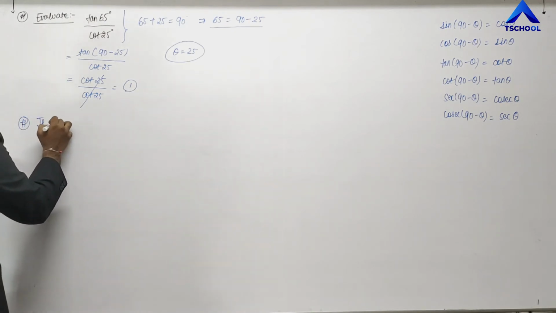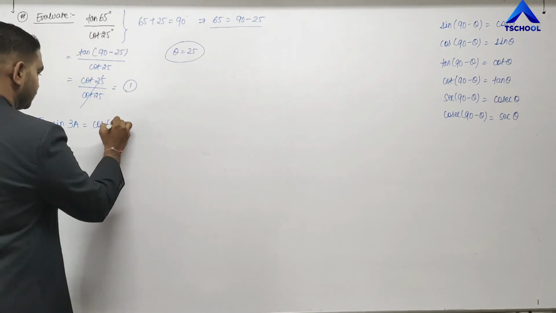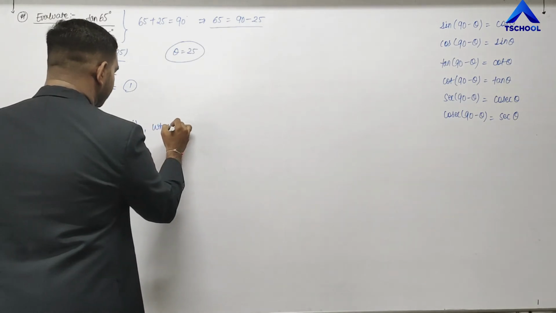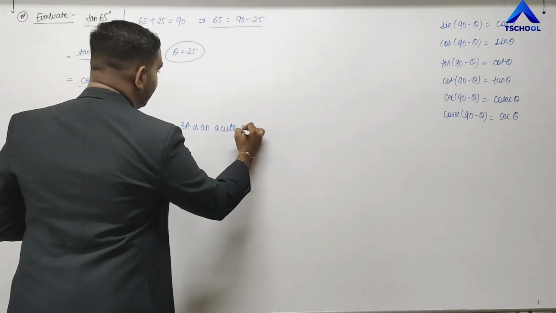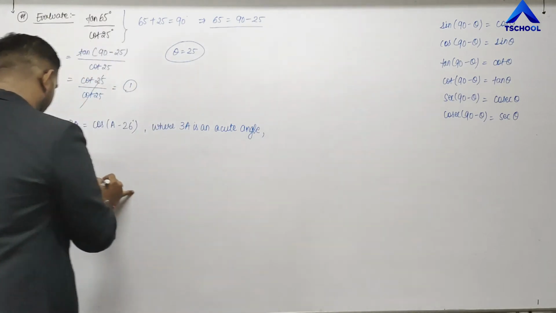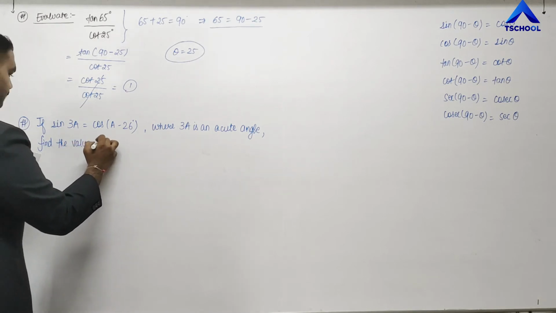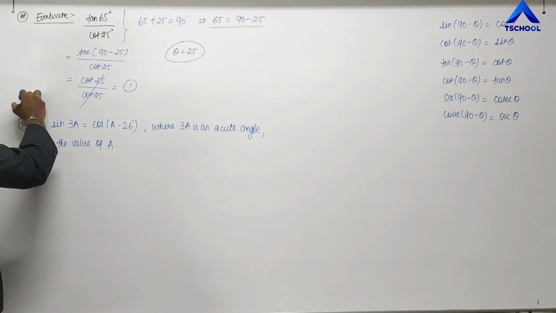If sin 3A equals cos A minus 26, where 3A is an acute angle, find the value of A. Okay, so if sin 3A is equal to cos A minus 26, friends, this is the most important and frequently asked question. You will mark this as most important.